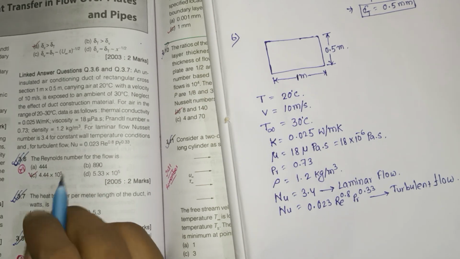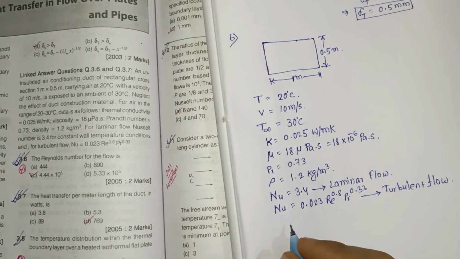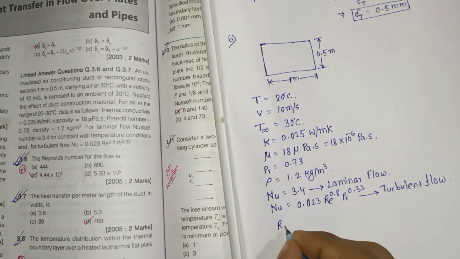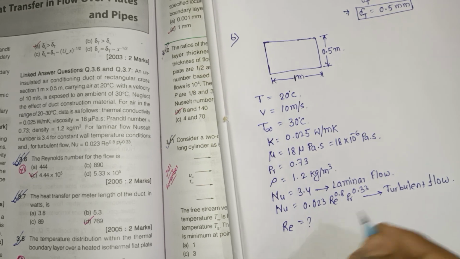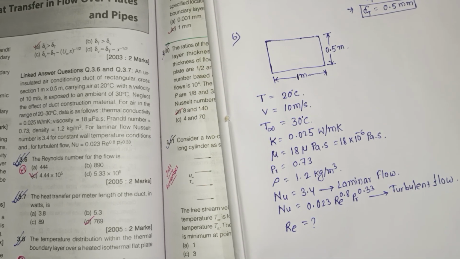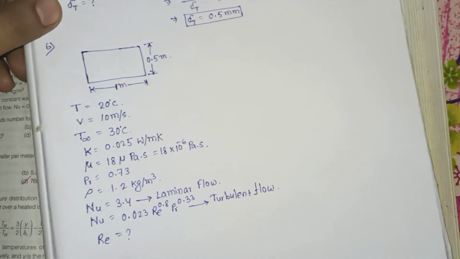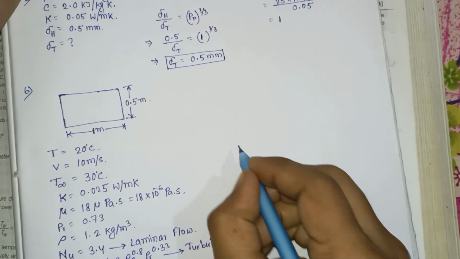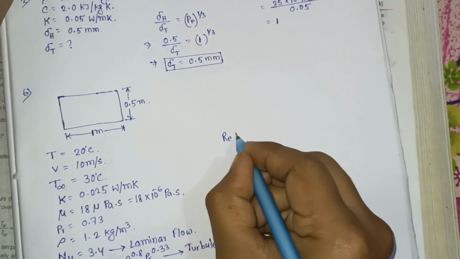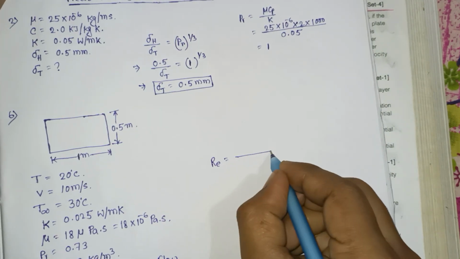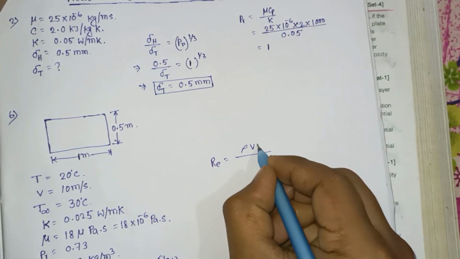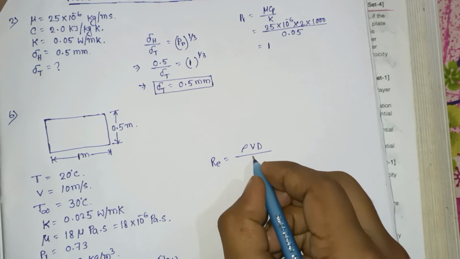So what is given? You have to find out what is the Reynolds number. How do you calculate the Reynolds number? We know the formula: Reynolds number is equal to rho v d by mu.